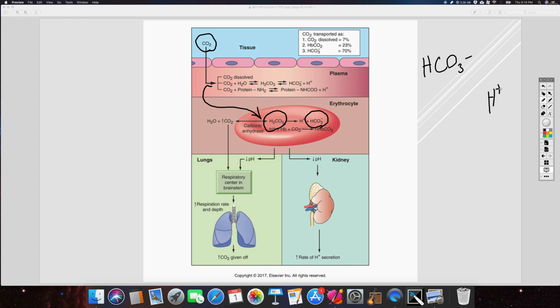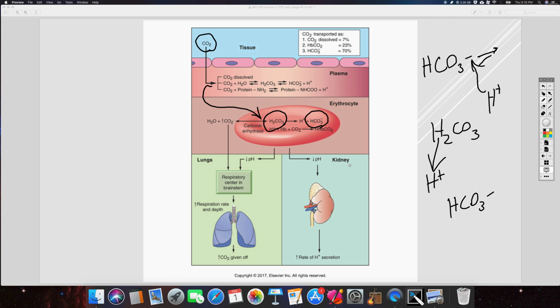Bicarb, HCO3-, can neutralize that, and it will become H2CO3. Now, the same thing with H2CO3, carbonic acid. If the body is alkalizing, if it's becoming more basic, H2CO3 can get rid of these hydrogen ions, and then it will become bicarb. So that's how a buffer system works.